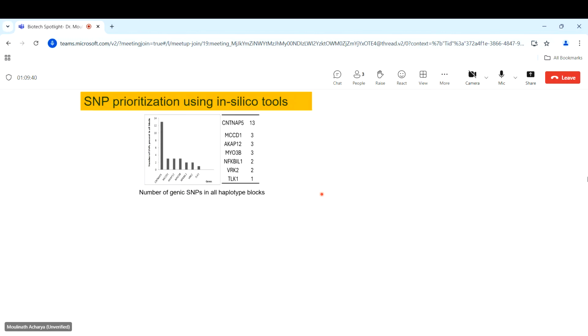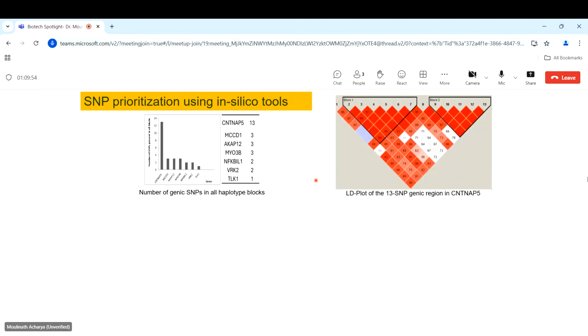Now, as I said earlier, there are 13 CNTNAP5 SNPs, and there are other SNPs also. Altogether, this many SNPs are there in the haplotype blocks. For this 13 SNP signature, when we looked at the LD plot, there are clearly two blocks. You can see these two block structures.